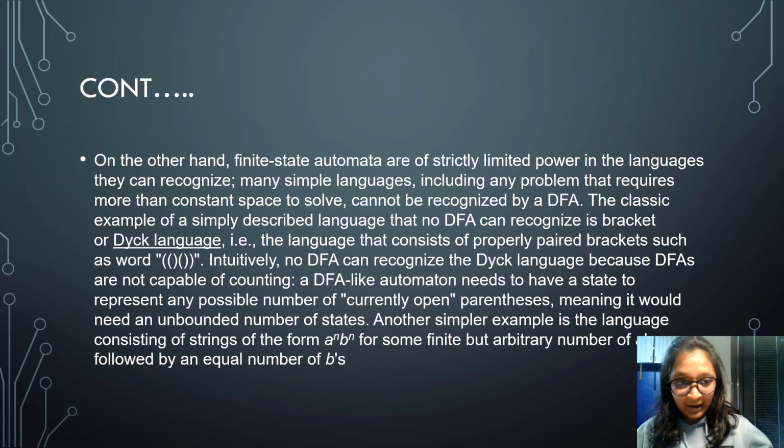Intuitively, no DFA can recognize the Dyck language because DFAs are not capable of counting. A DFA-like automaton needs to have a state to represent any possible number of currently open parentheses, meaning it would need an unbounded number of states. Another simple example is the language consisting of strings of the form a power n, b power n, some finite but arbitrary number of a's followed by an equal number of b's.